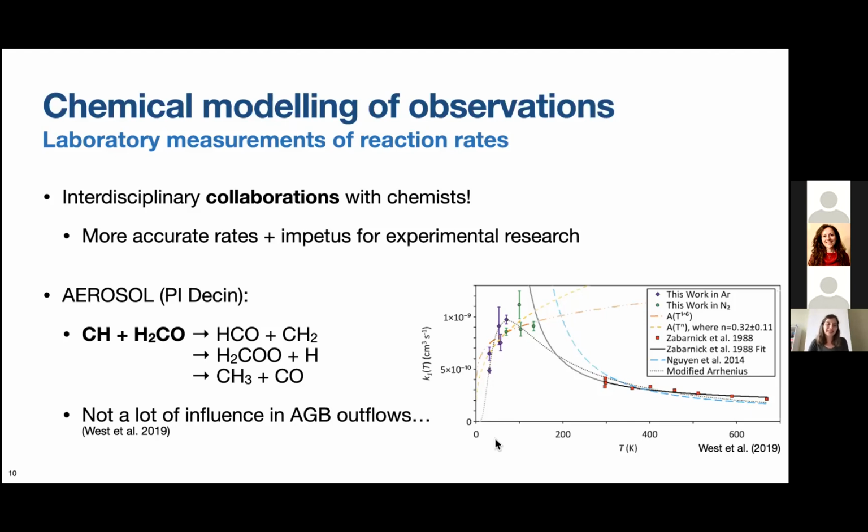So this shows us that it's not only improving the accuracy of the rate that matters, it also depends on the reaction, because of all the 6,400 reactions, of course, not all of them are going to be as important. So as you continue your chemical modeling, please keep an eye out for inaccurate important rates.